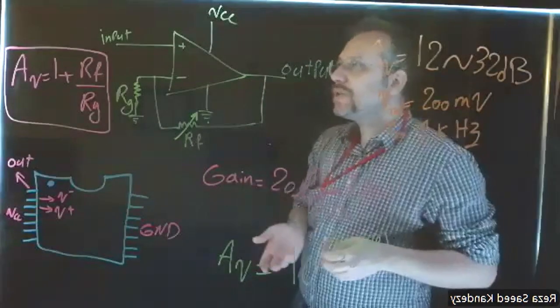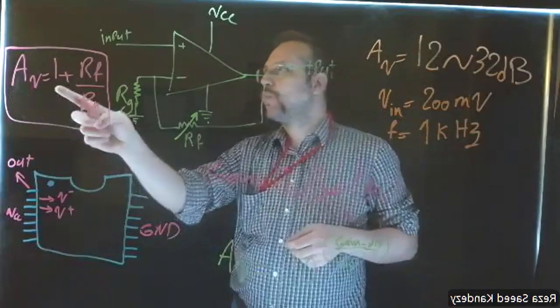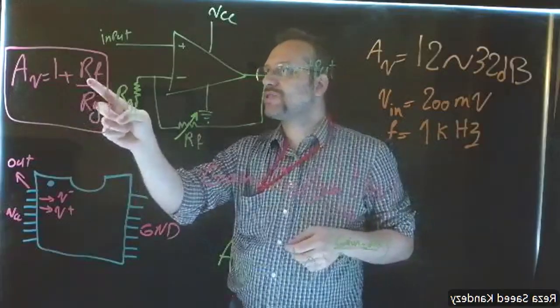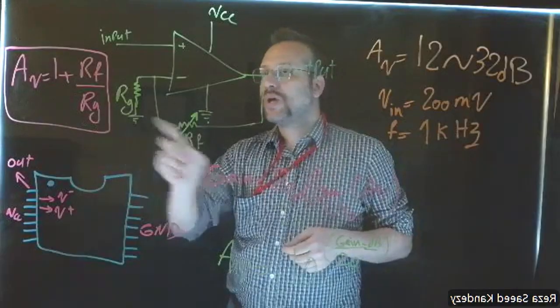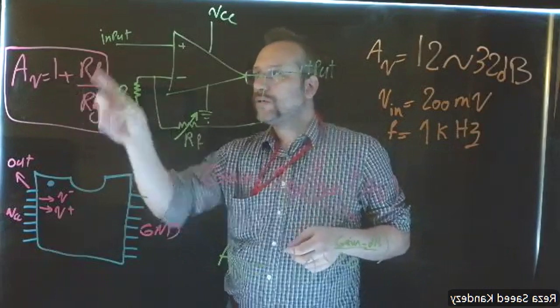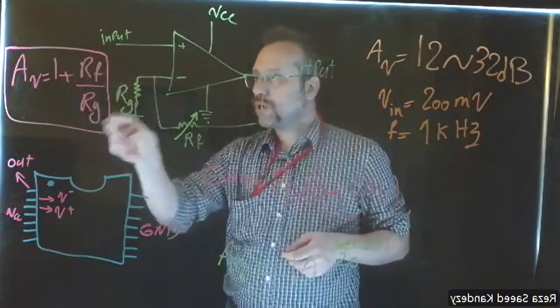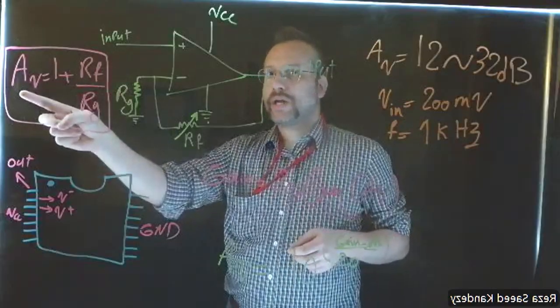As we know, the non-inverting amplifier gain is going to be 1 plus the feedback resistor over the ground resistor. So by changing the denominator in this equation, we are going to adjust the gain.